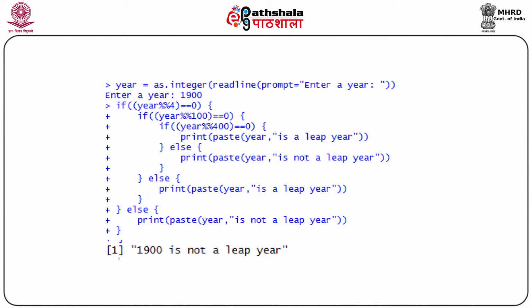Here the remainder will not be 0 if we divide 1900 by 400. In fact the remainder will be 0 if we divide 1900 by 4 and 100 separately, but it will not be 0 if we divide 1900 by 400. So actually we can claim that 1900 is not a leap year, and R is exactly giving us that.